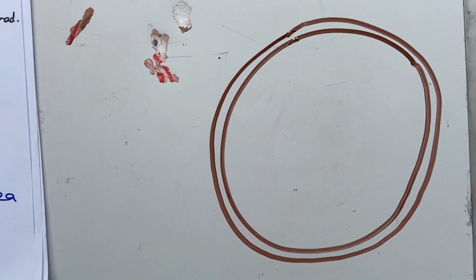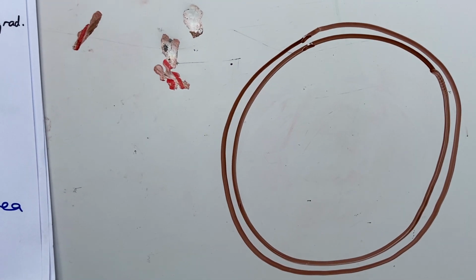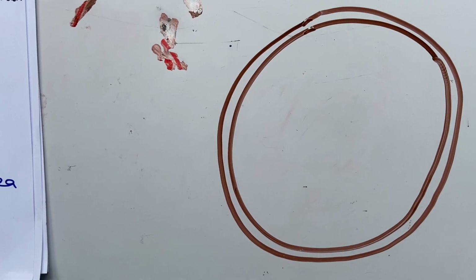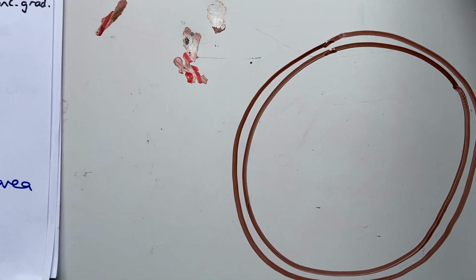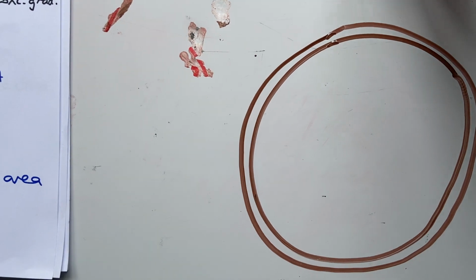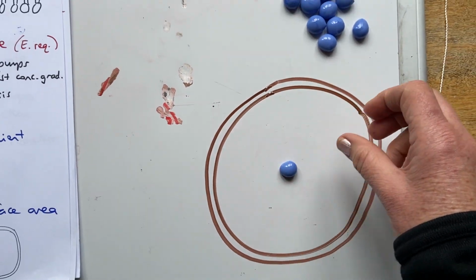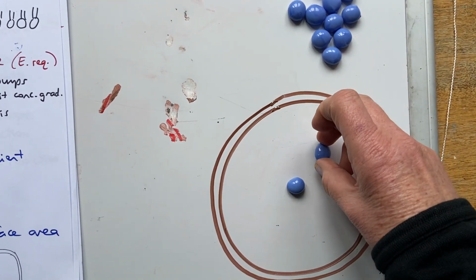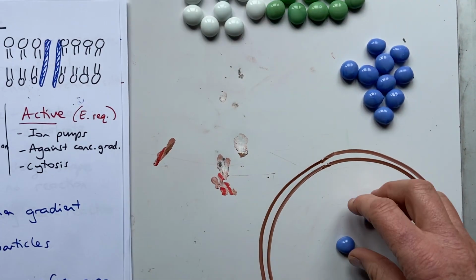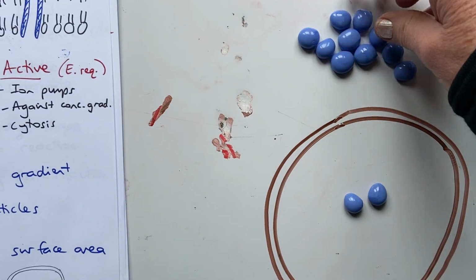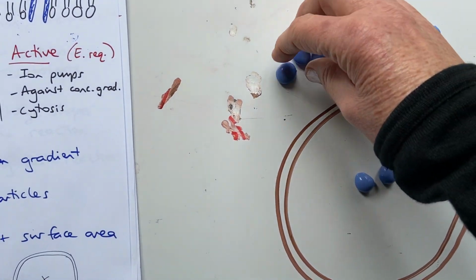So this is a cell. The first form of passive transport is diffusion, and diffusion is just things moving across concentration gradients. I'll zoom out a bit. I'm going to say this is some sort of chemical that's inside the cell. We've got a couple of these blue things inside, and quite a few blue things outside the cell.